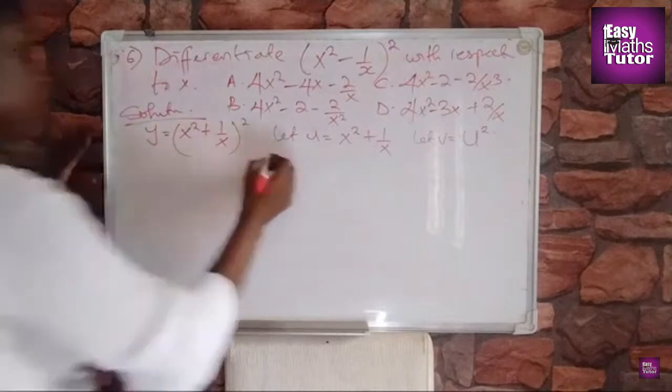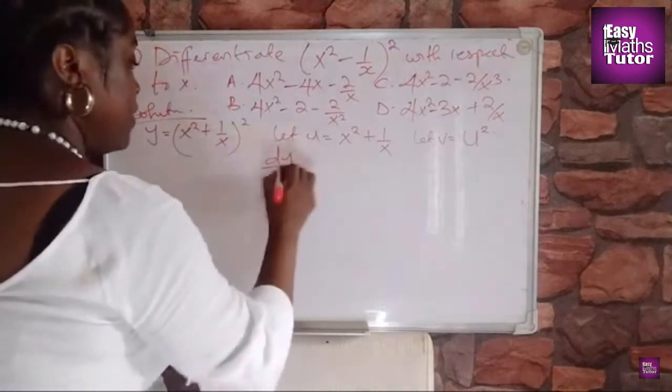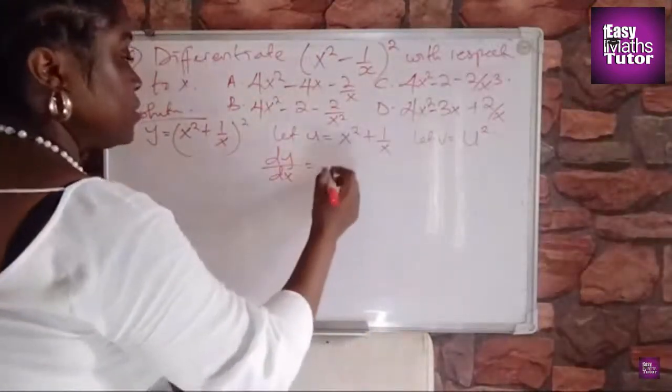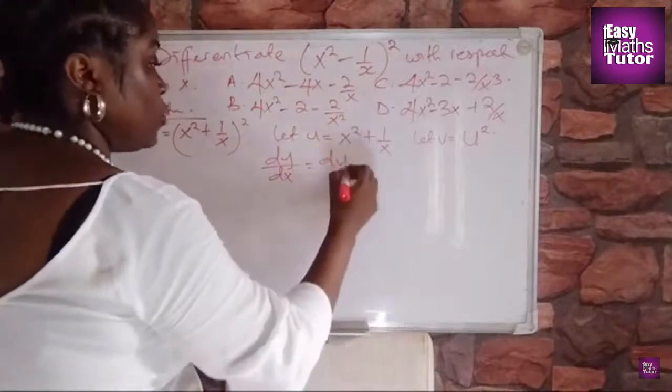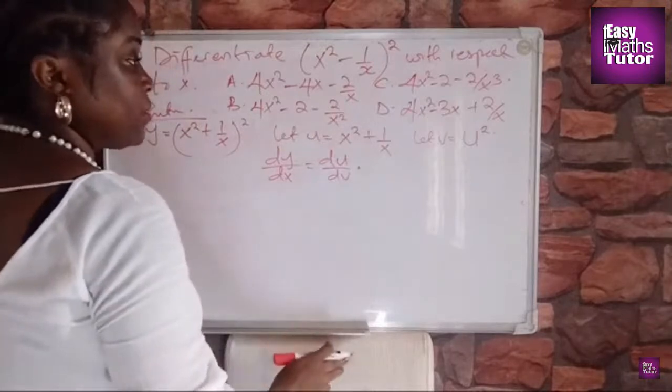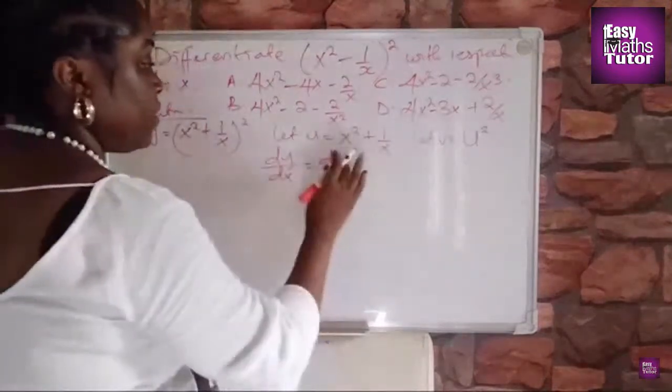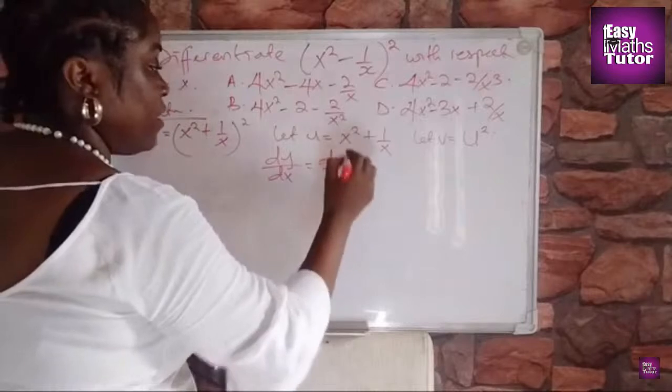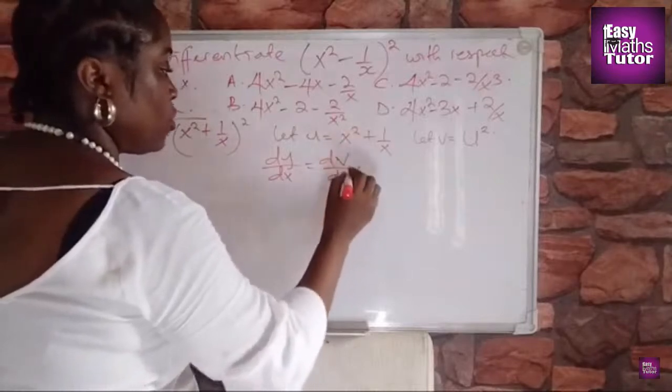So that means dy/dx is equal to what? The du, the dv, right? Sorry?